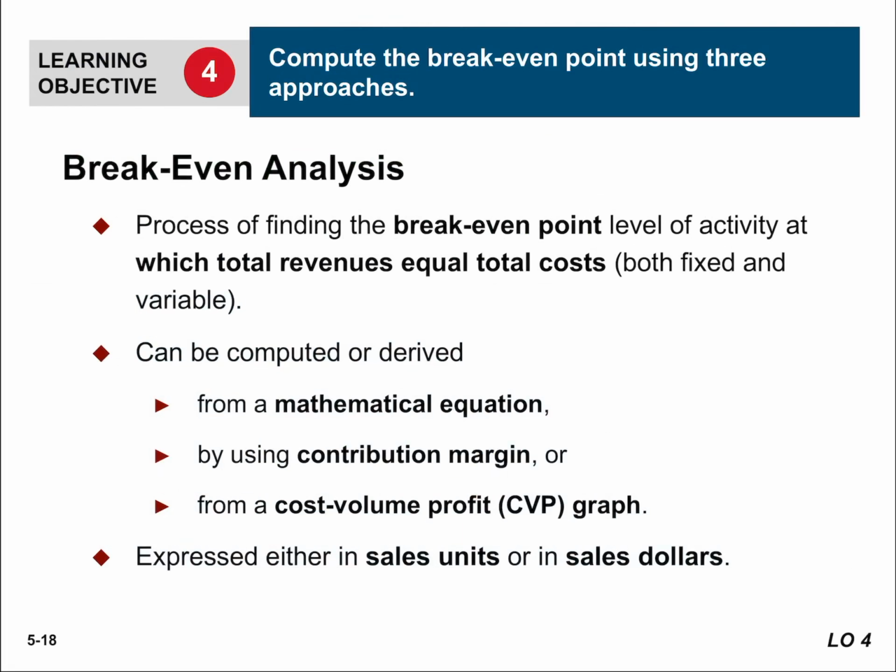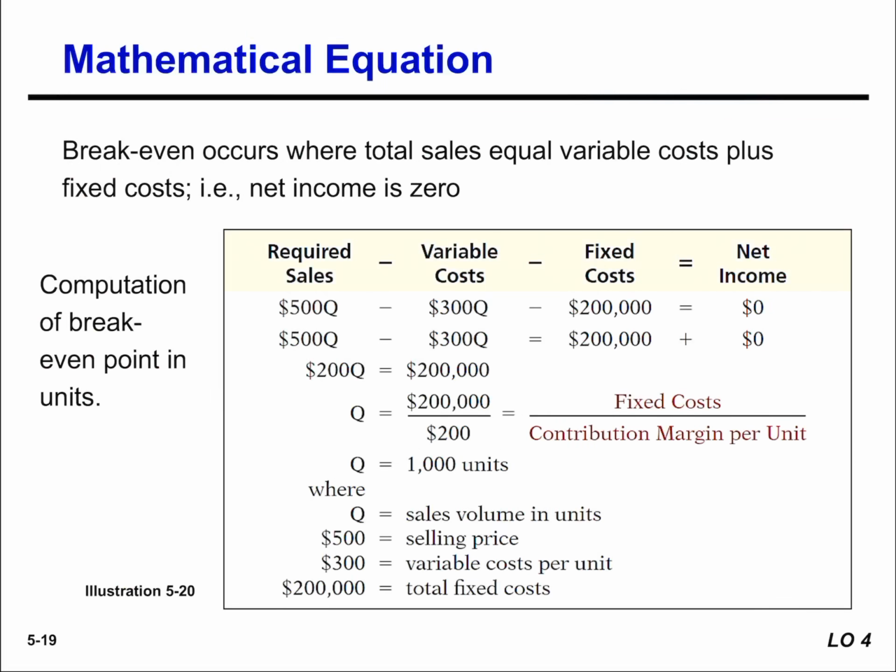We just talked about why it's important to know your break-even point, because that's kind of your pivotal point between where you're going to go up and have a profit and go down and have a loss. And so it's really important that we can calculate that break-even point. Well, we just talked about how we can do it with an income statement approach, but let's take a look at how we can do it in a more mathematical way, or by using that contribution margin ratio that I was just talking about.